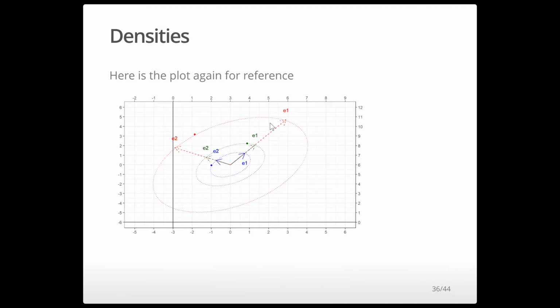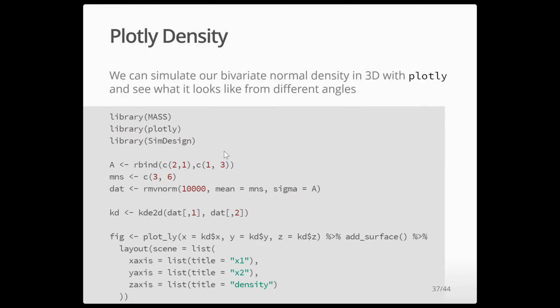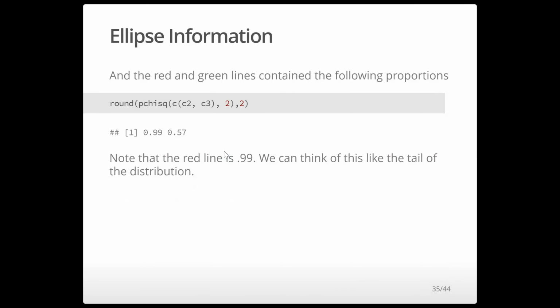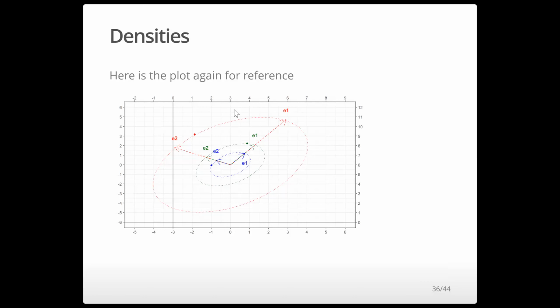And so we can look at it back here and we could sort of see what we're talking about. So inside this red ellipse is 99% of the joint density of our distribution. And then inside of the green one is 0.57 and inside of the blue one is 0.25.